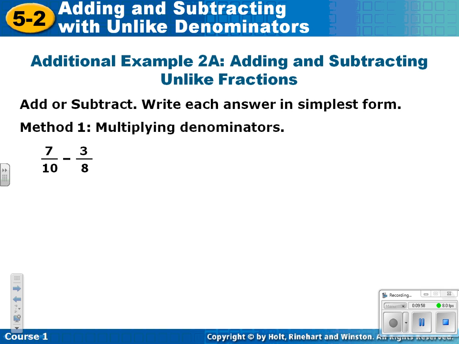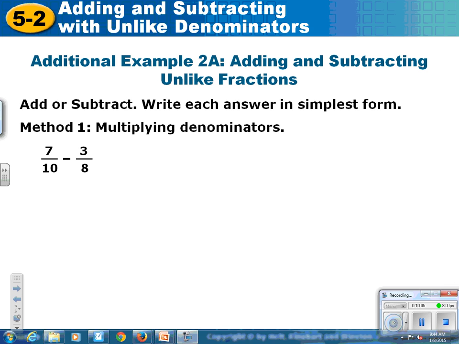7/10 minus 3/8. I want you to try this one on your whiteboard. Remember, try and do it up and down. You have this problem right here. 7/10 minus 3/8. In order to subtract fractions, you need a common denominator.